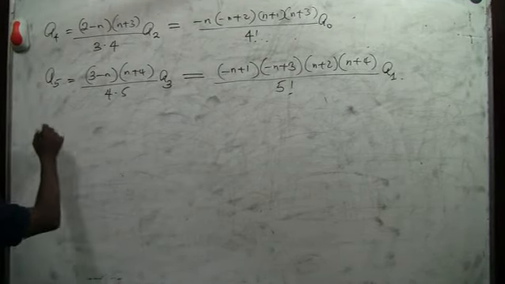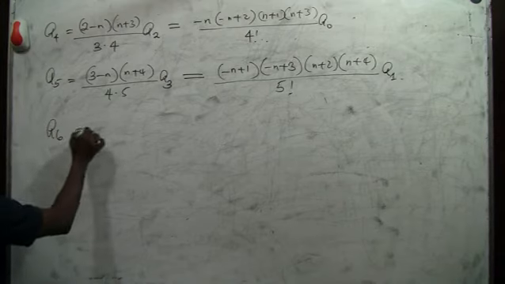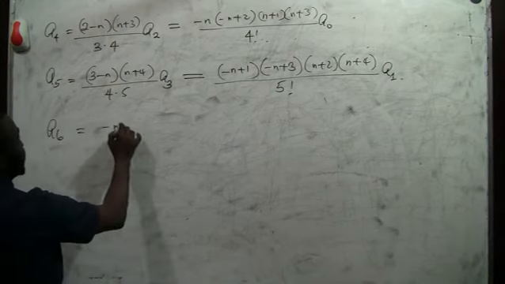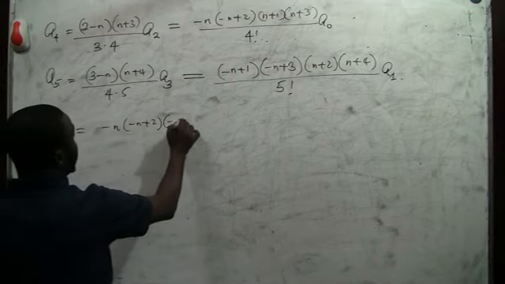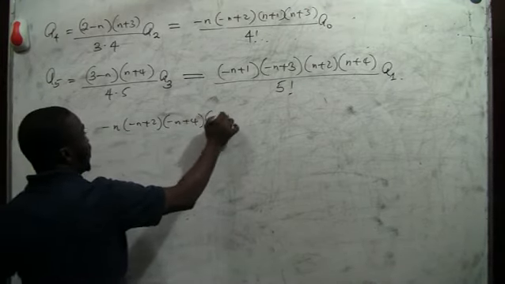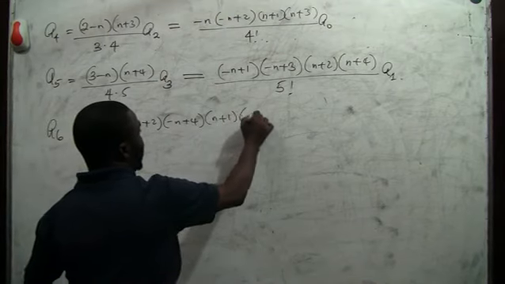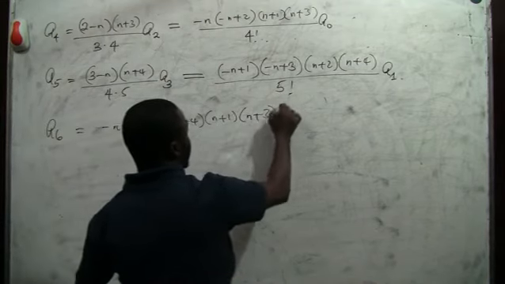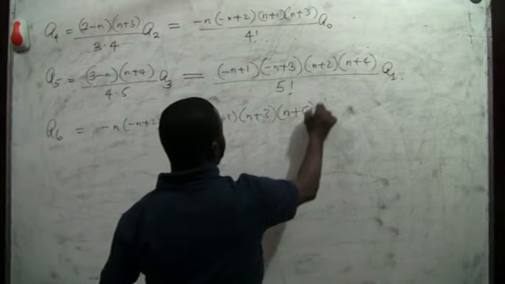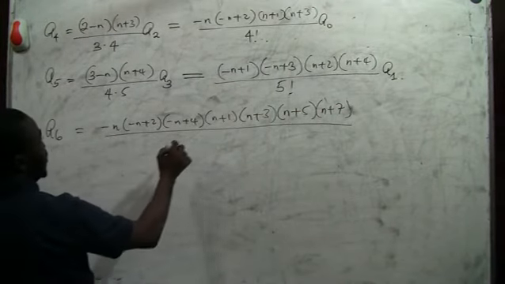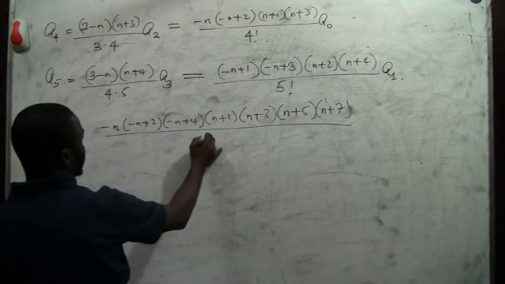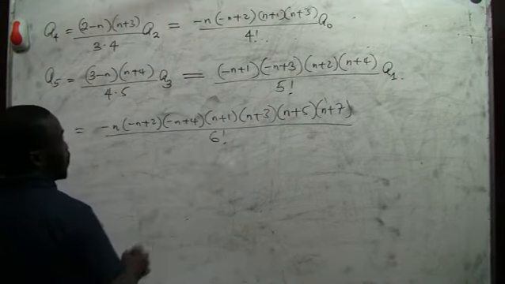Now, following the same pattern, a6 becomes minus n plus 2 minus n plus 4, n plus 1, n plus 3, n plus 5, n plus 7, all divided by 6 factorial a0.